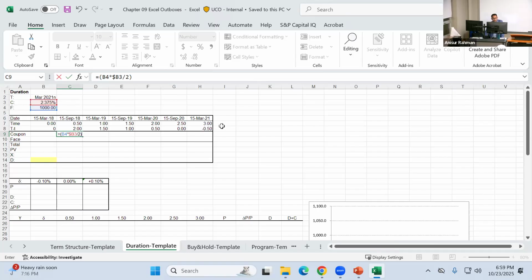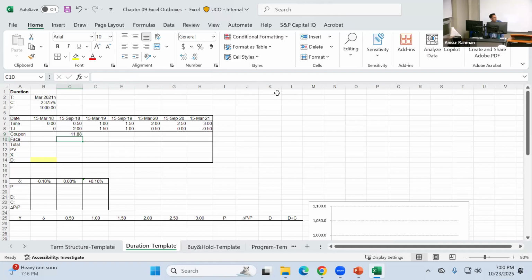So let me actually use the parentheses here. It will not change anything. Okay. And then I also want to lock the face value, the column only. Okay.